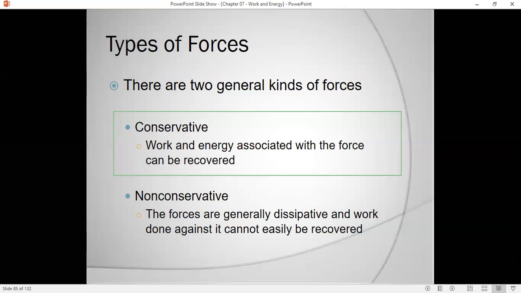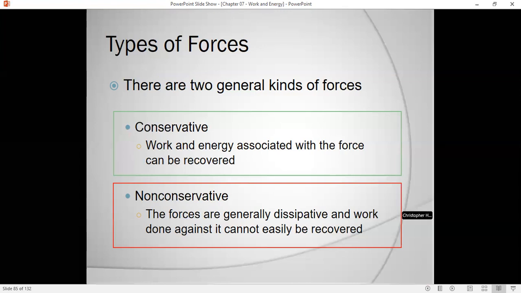Non-conservative forces generally tend to be dissipative forces or forces where we're adding energy to a system from some other type of energy. So these two terms come from this. Conservative means that the mechanical energy in the system is preserved during this particular interaction.